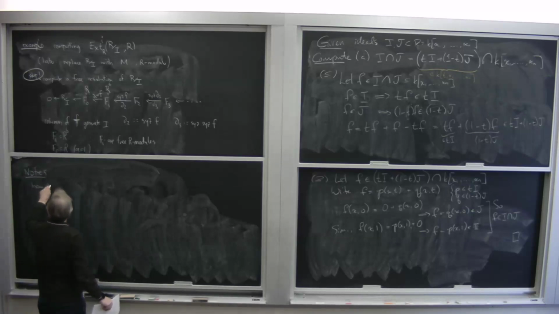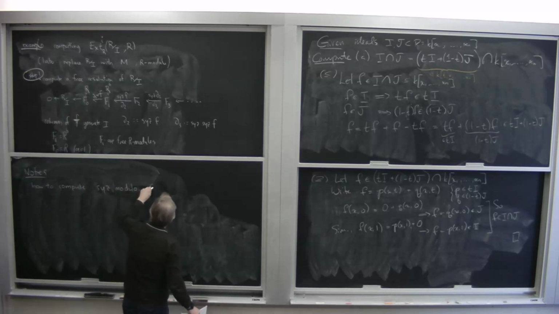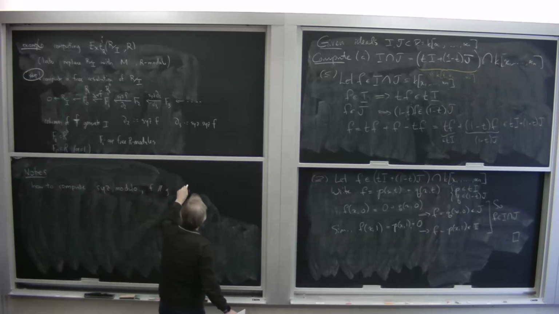How to compute syzygies modulo, lift, and is the image of F contained in the image of G?